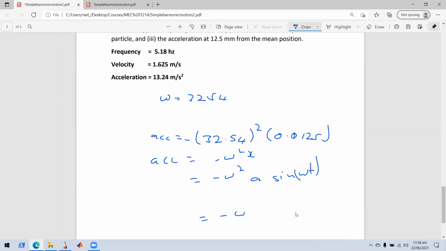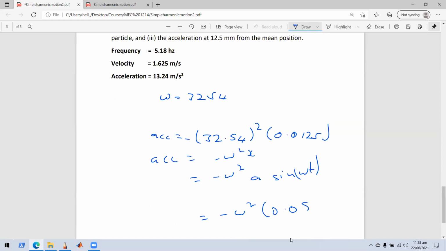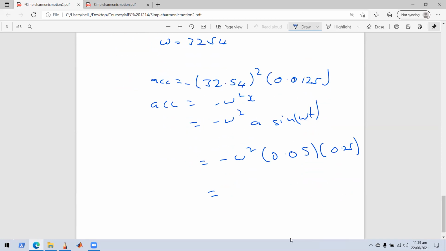So this is minus omega squared times a, which is 0.05, times this here, sine omega t, you got it as 0.25. Good. So a quarter of this.